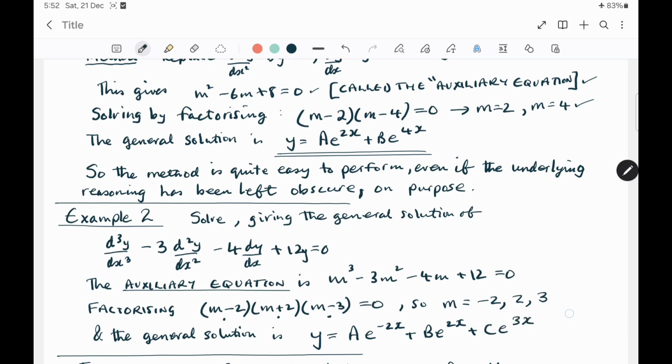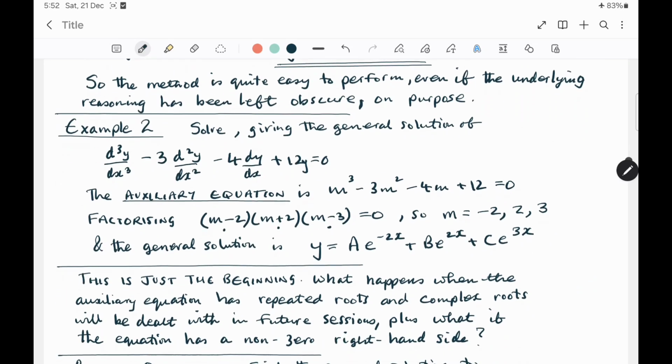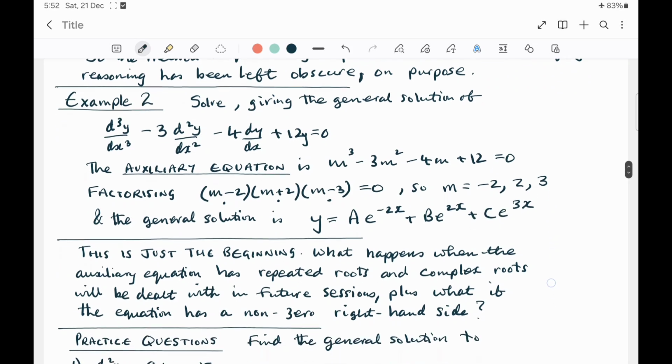And the general solution will have three parts to it. So that's y equals ae to the minus 2x plus be to the plus 2x plus ce to the 3x. Right, now this is just the beginning of it, okay? What happens when the auxiliary equation has repeated roots will be dealt with later.